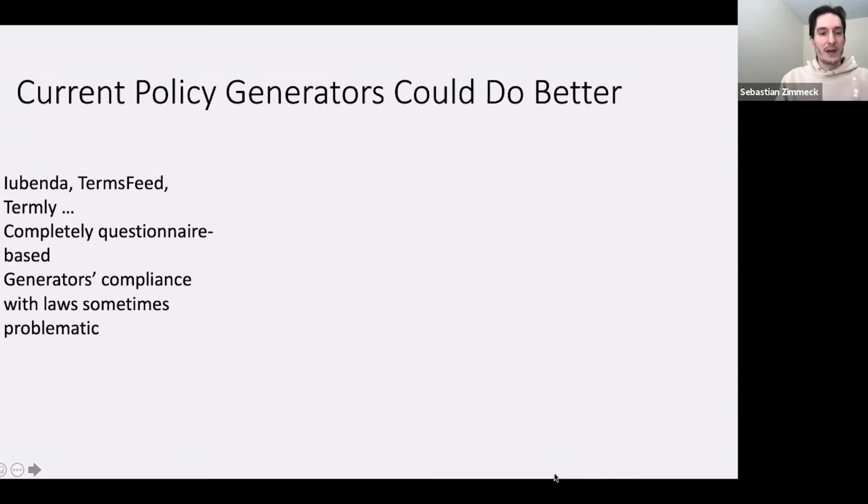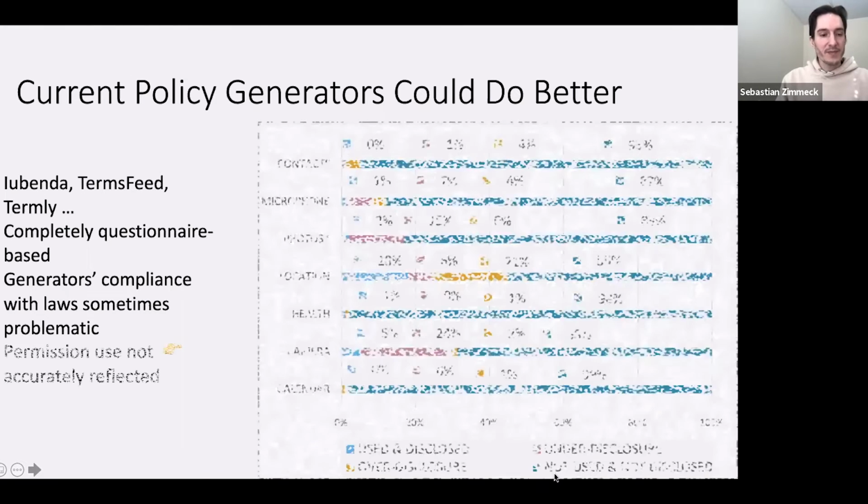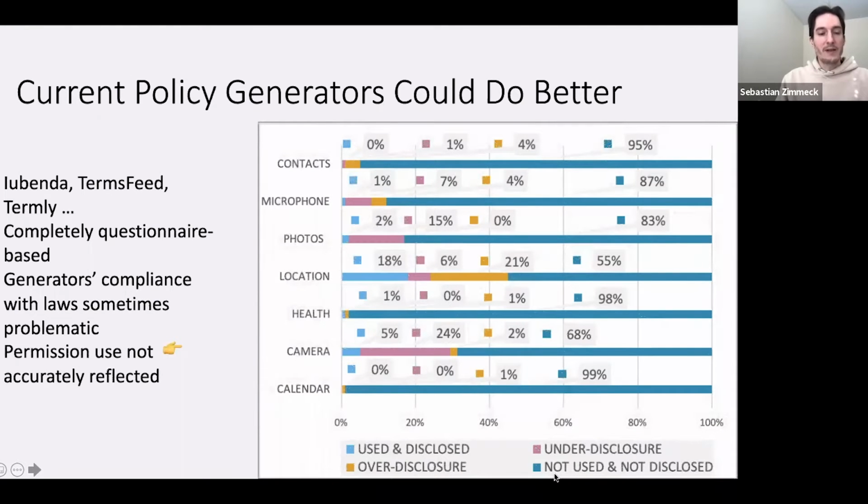If the generators ask the wrong questions or the questionnaire is incomplete, then the generated policy will also be incorrect or incomplete. And the point that we are mostly focusing on here is that often the generators do not accurately reflect what is actually happening in the app.